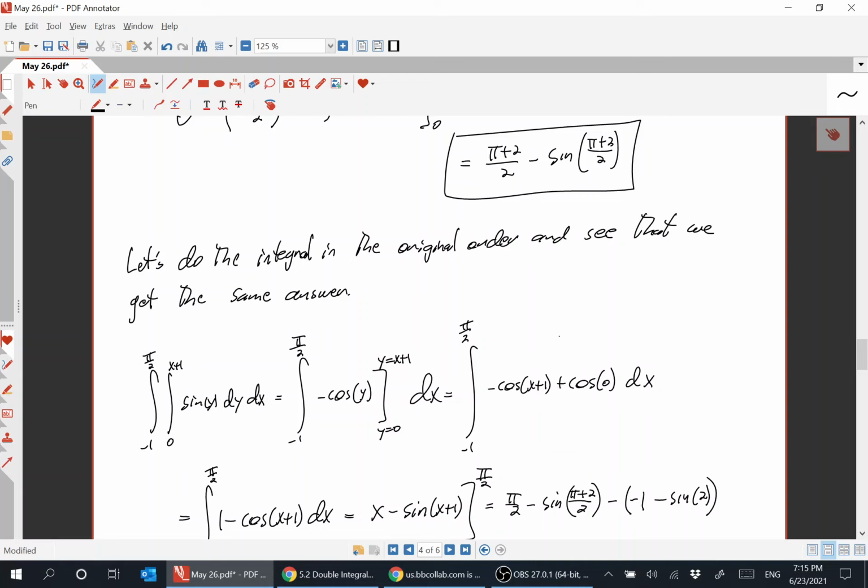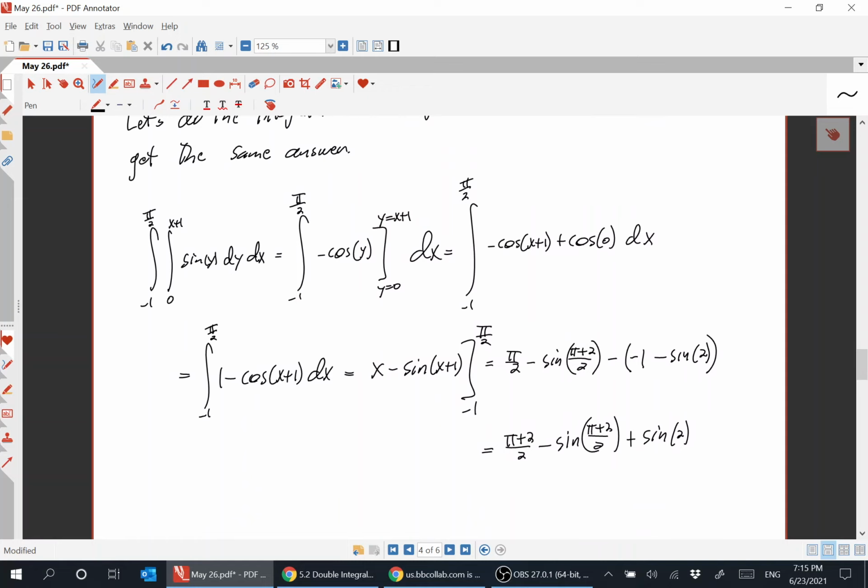So 1 minus cosine x plus 1. So minus cosine x plus 1 plus cosine of 0. Sine of x plus 1, x is negative 1.